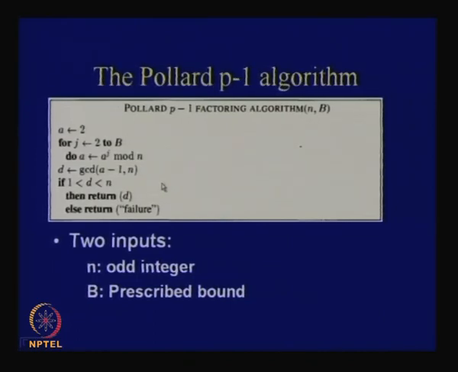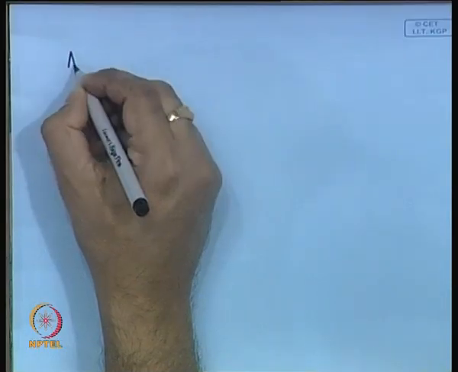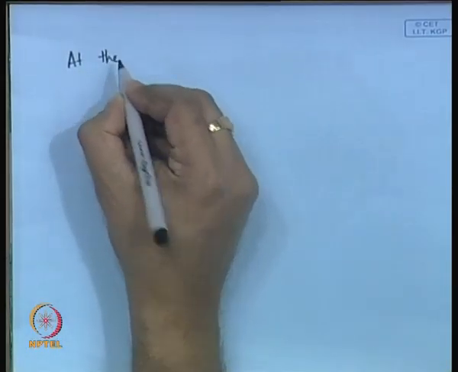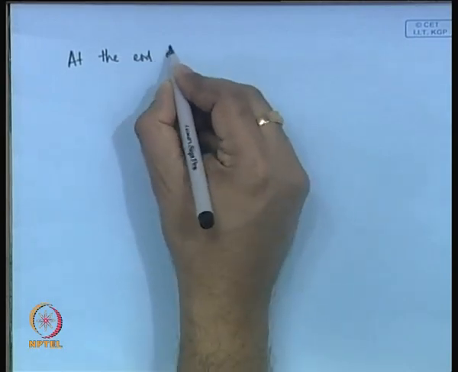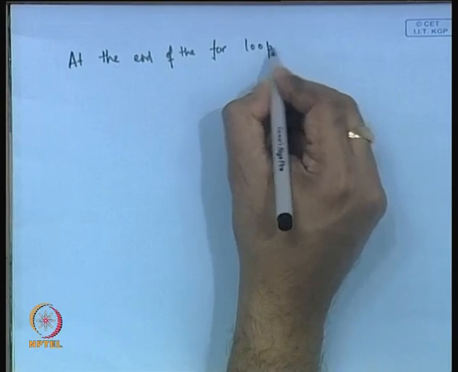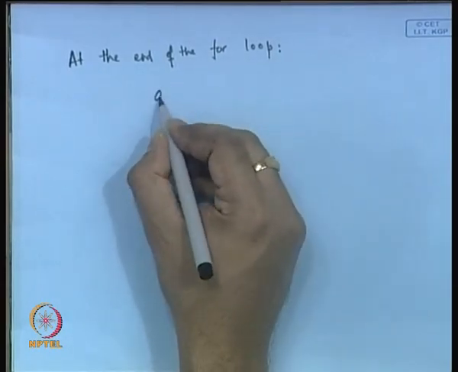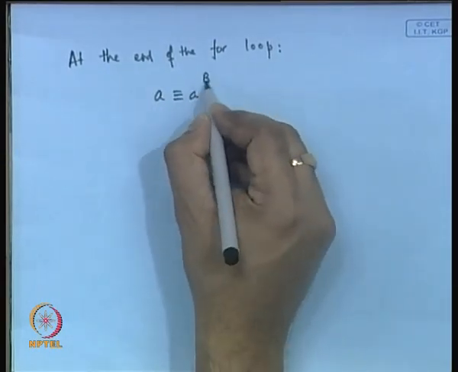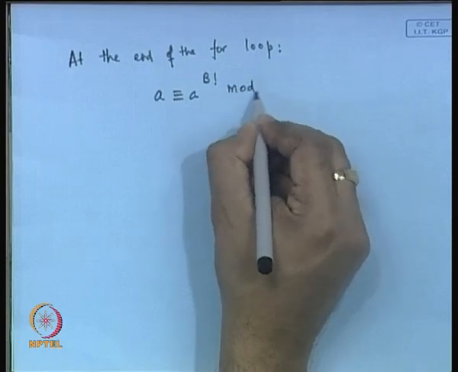So, at the end of the for loop, you have got a equal to a to the power of b factorial mod n.